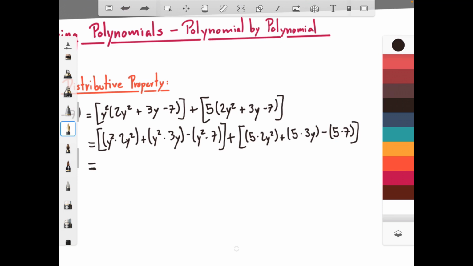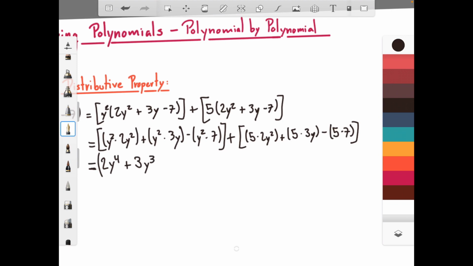Okay, so now that we've done that, we just have to multiply each one. So y squared times 2y squared is going to be 2y to the fourth, 1 times 2 is 2, and y squared times y squared adds the exponents. Then plus 3y to the third power, 1 times 3 is 3, and y squared times y is y to the third power.